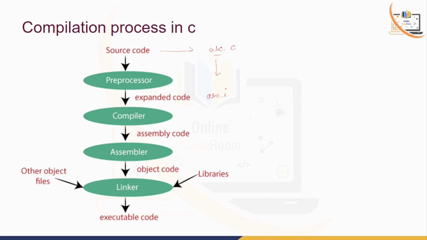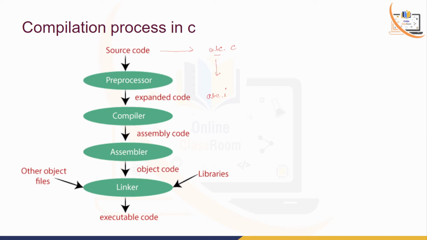After that it will go to the compiler part, right? The compiler takes the input from the preprocessor and converts the whole code into assembly code, or we can say a machine level language. After compilation, a machine level language will be generated and the output will be .s.